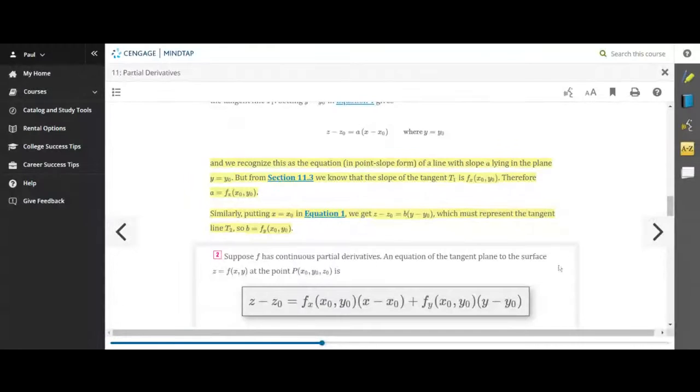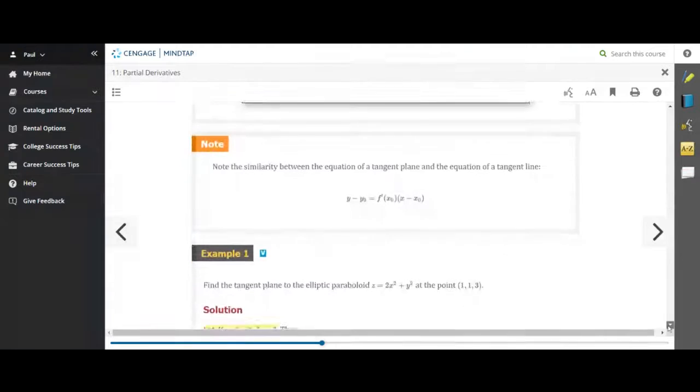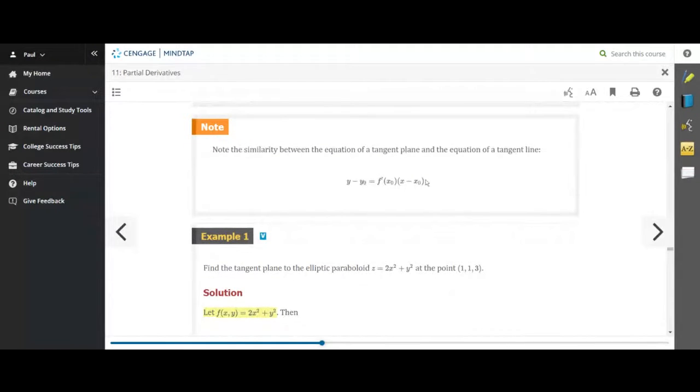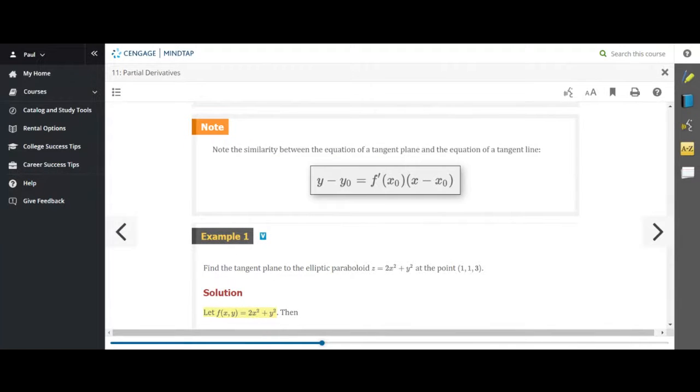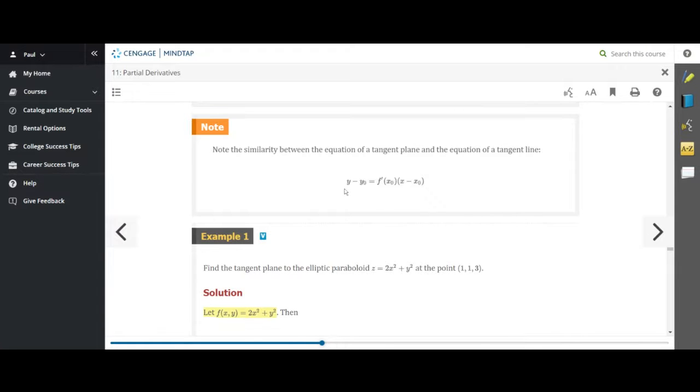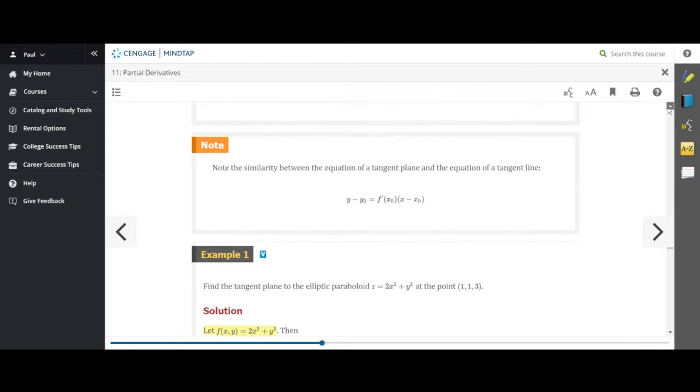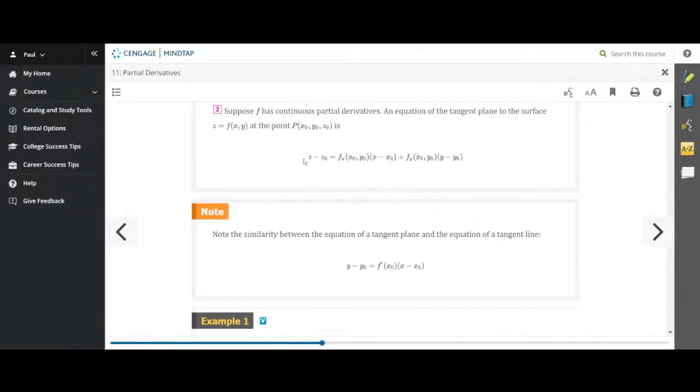So let's look at an example. Absolutely amazing. Oh, look, they even mentioned it right there. Look at the similarity. Let me see if I can have them both displayed.